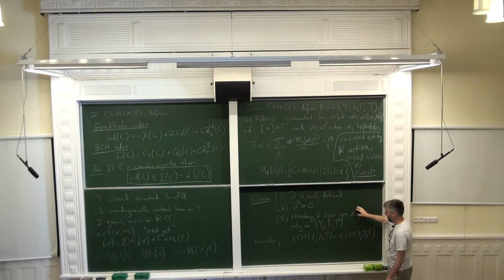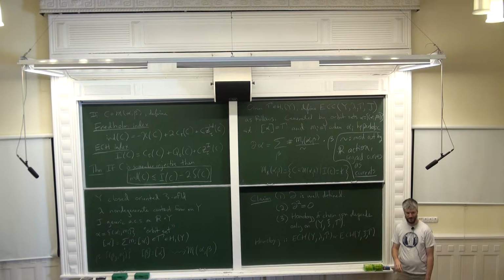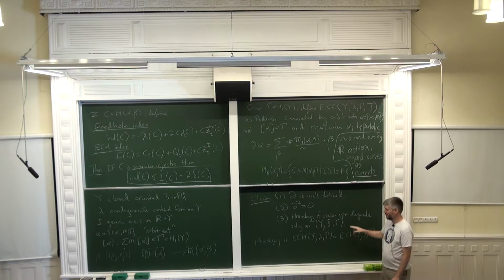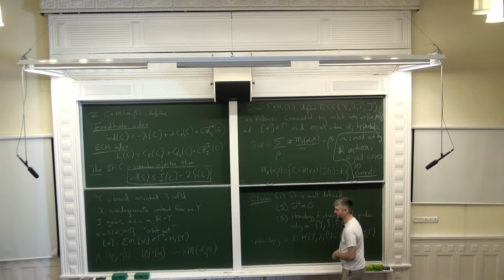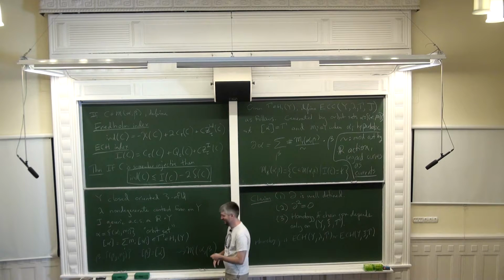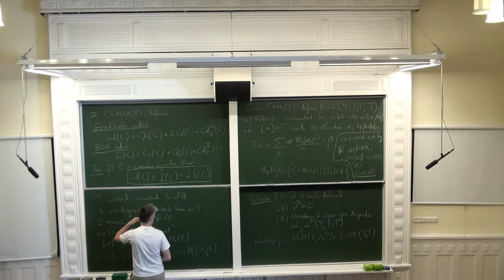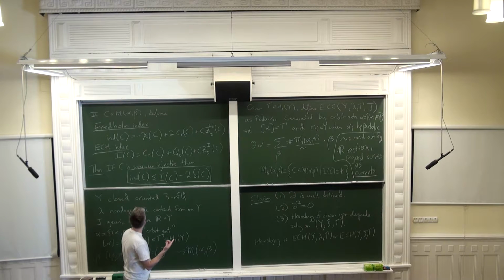Number three, we don't yet have a direct proof of it, but it follows from Taubes' isomorphism with Seiberg-Witten Floer homology, which is 500 pages. And I think a direct proof of this actually would be possible, but it would still be in the hundreds of pages. More than 500 or less than 500? I don't know. Depends how many details you skip. So why does this definition make sense?